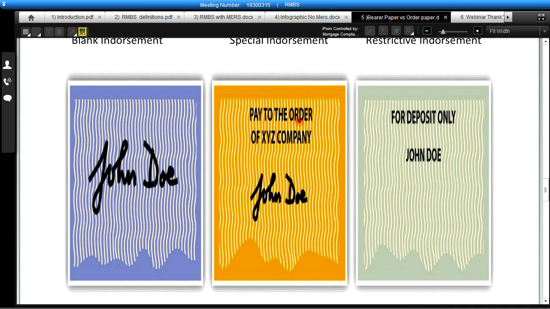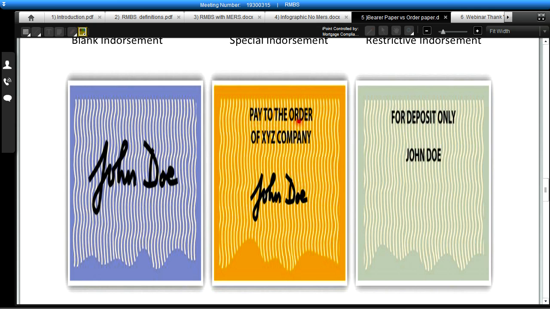If everyone out there were to imagine grabbing your checkbook, and you take out a check and let's fill it in. It says pay to the order of. When it says pay to the order of, we're not going to fill it in.